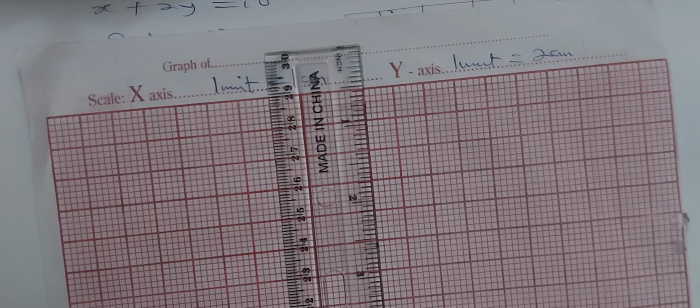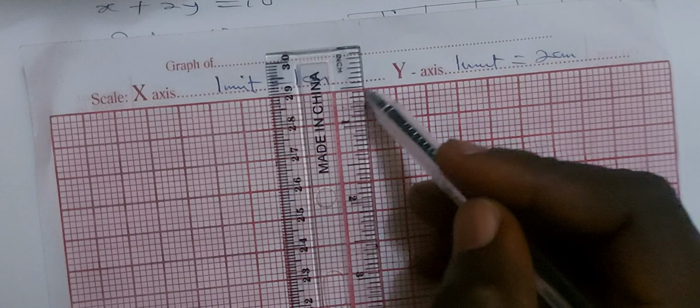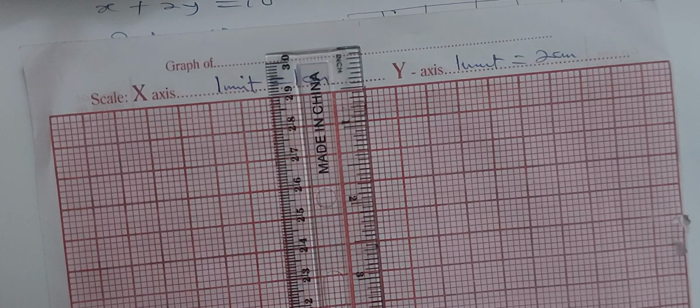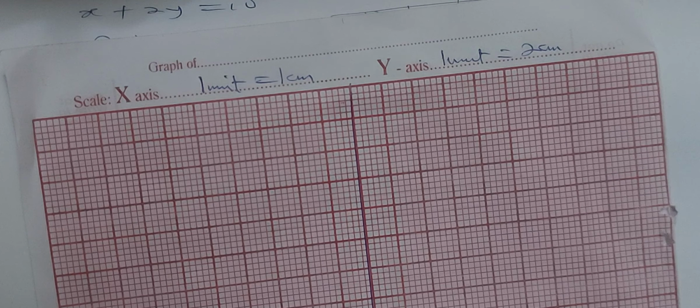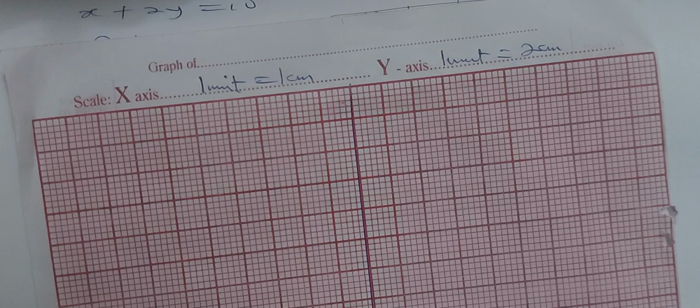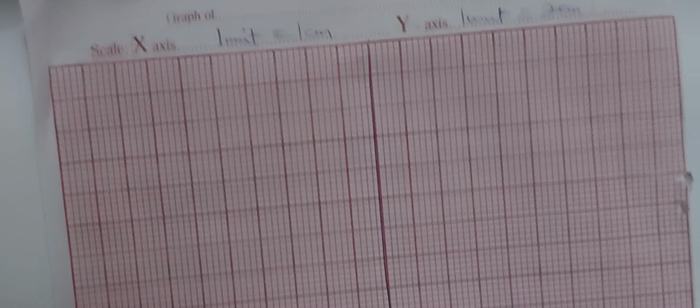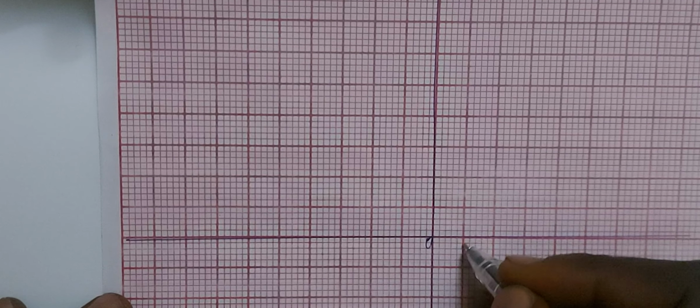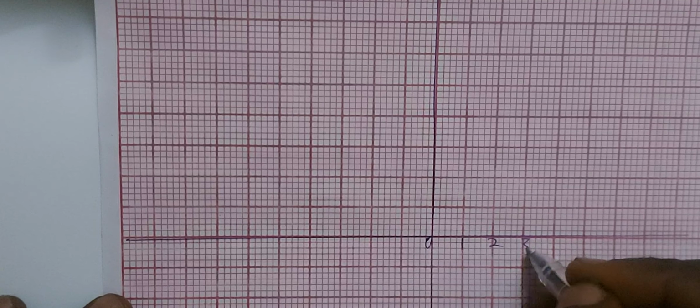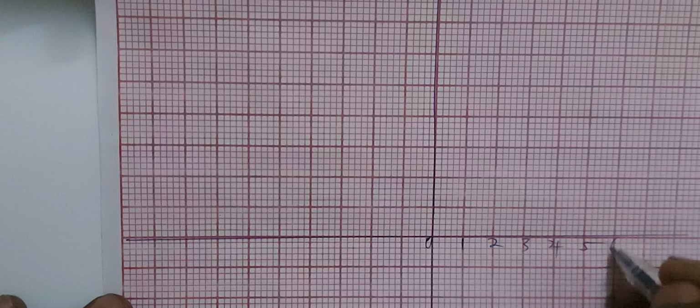You use a pencil to draw the line, as if you are dividing it into 2. This is the origin, the 0. We have 1, 2, 3, 4, 5, 6.